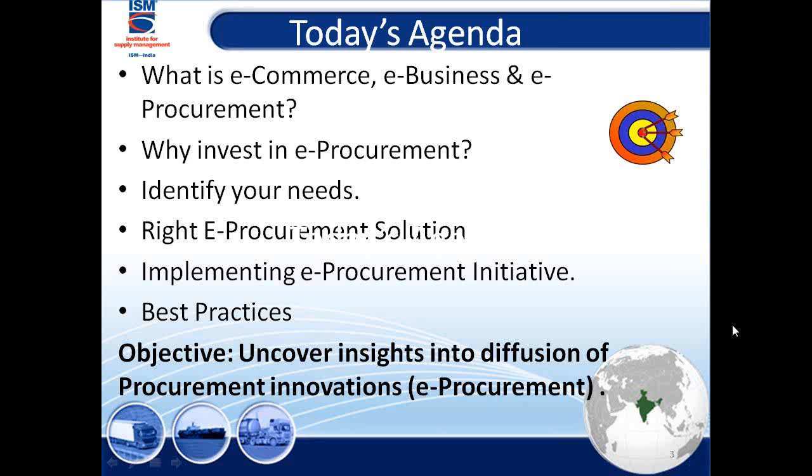And lastly, but not the least, is the best practices part. And then lastly, I would say the objective is to uncover insights into diffusion of procurement innovation. If I look back at all the innovations in procurement, to me, e-procurement is the biggest innovation in the procurement field.